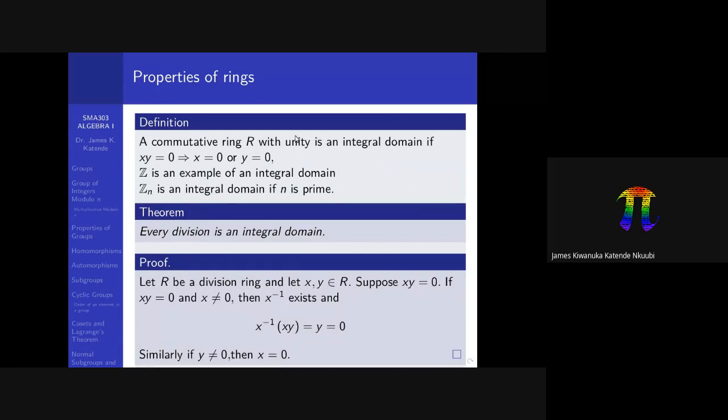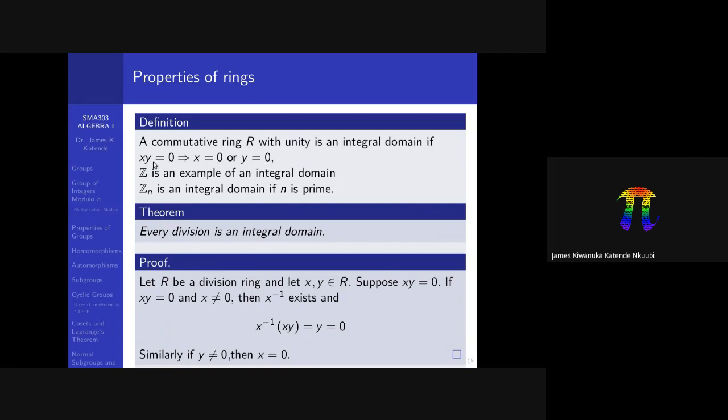So here is another definition. We define an integral domain. A commutative ring with unity is an integral domain if x multiplied by y equals 0 implies that x or y must be 0. One of them must be 0.